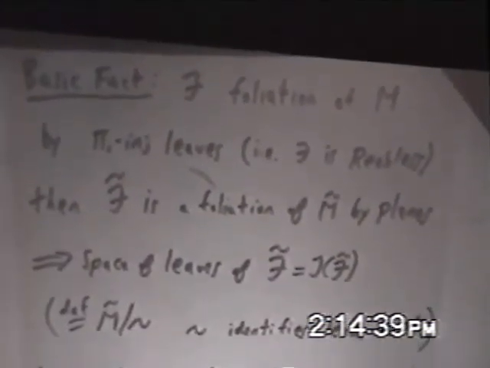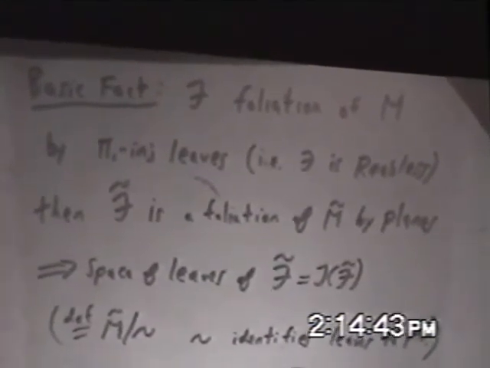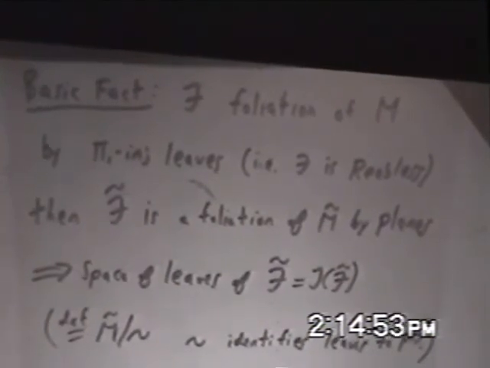So when you pass to the universal cover, since the leaves are pi1-injective, each leaf is going to lift up to its universal cover. The universal cover of a surface is a plane. So, right, if the leaf didn't lift up to its universal cover, then there would be some fundamental group left which would die in the manifold.